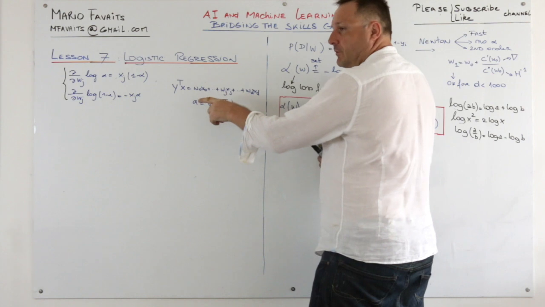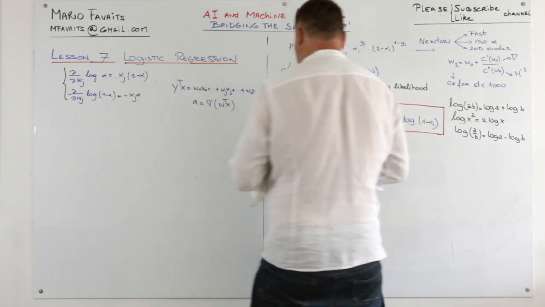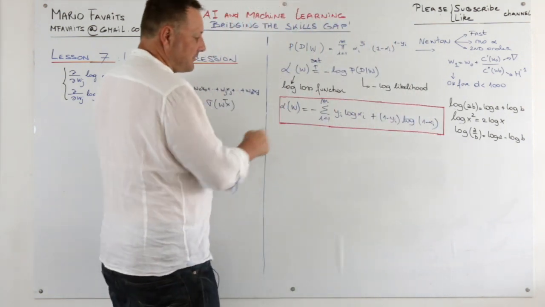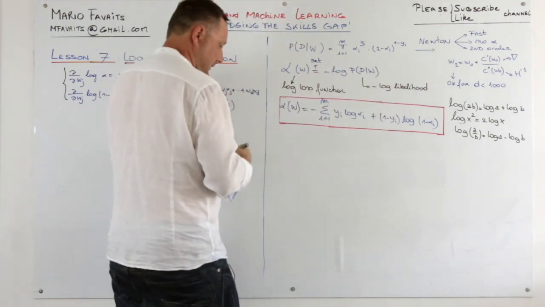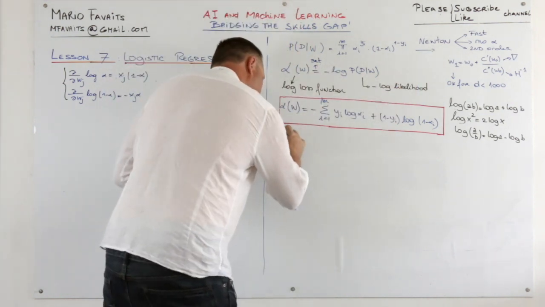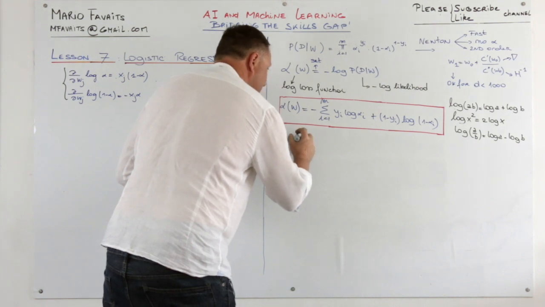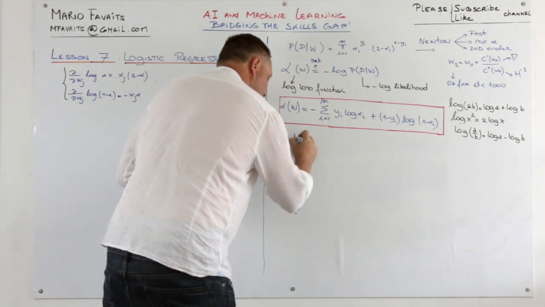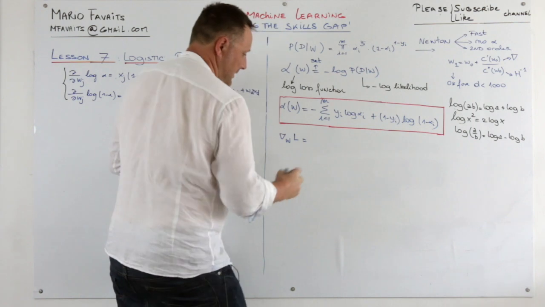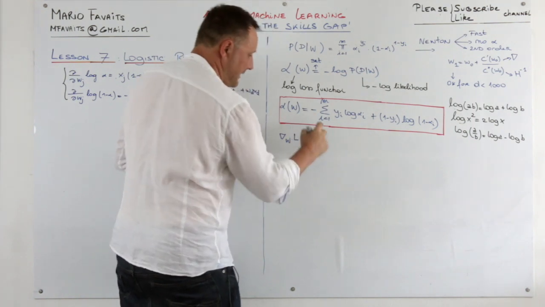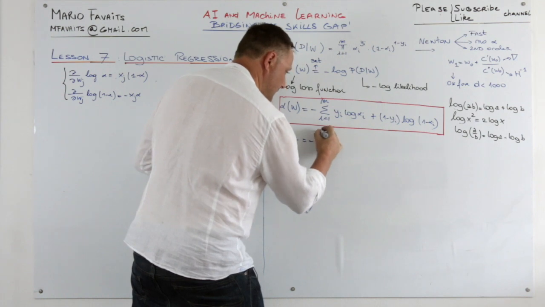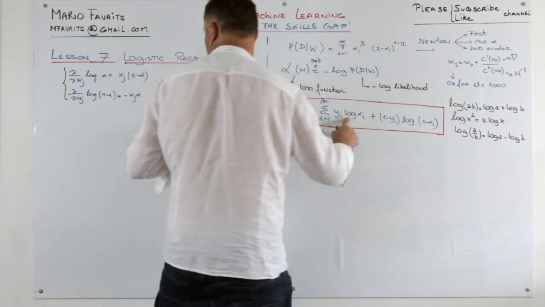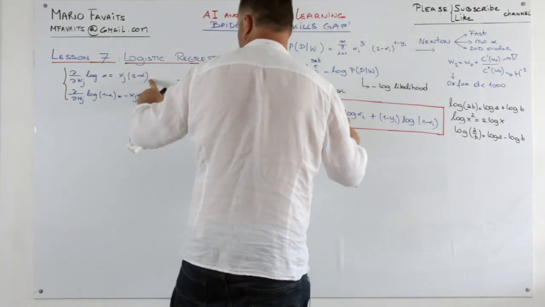Okay, so I wrote the formulas that we just derived on this side, but now let's calculate the gradient and the Hessian of this one, as we're gonna follow Newton. So the gradient with respect to W of the log loss equals, I keep the minus, I keep the sum, and here I'm gonna use this formula.